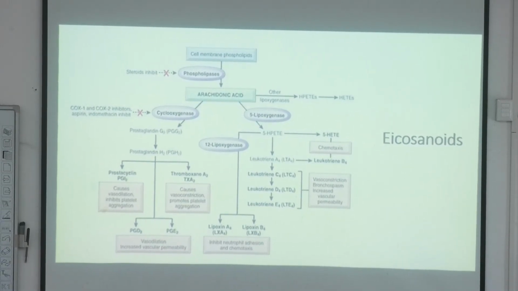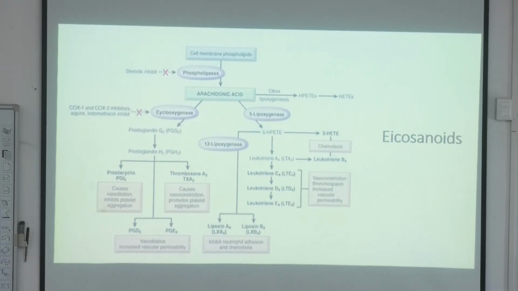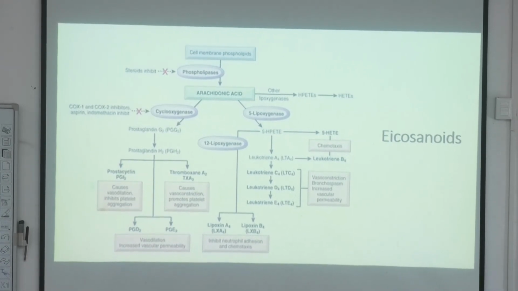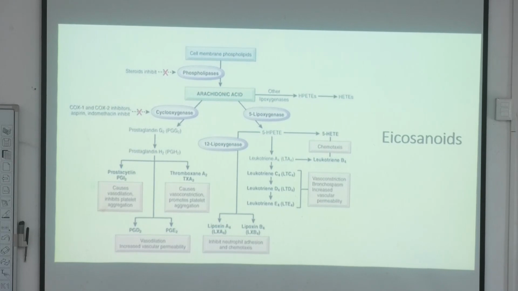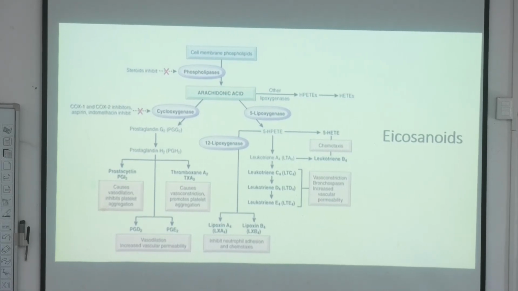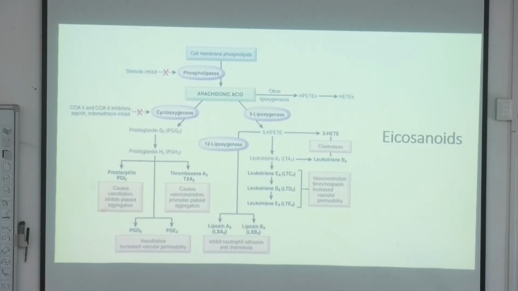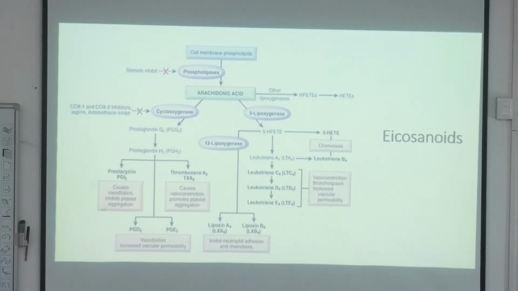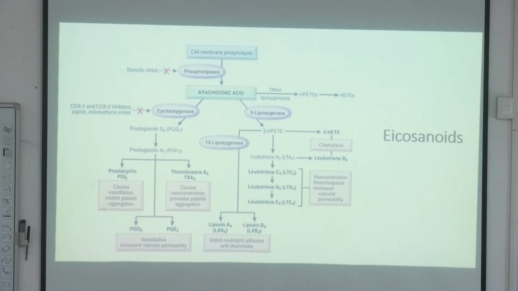Prostaglandin and thromboxane have antagonistic types of action. Prostaglandin and prostacyclin are vasodilators. On the contrary, thromboxane has a vasoconstriction effect.